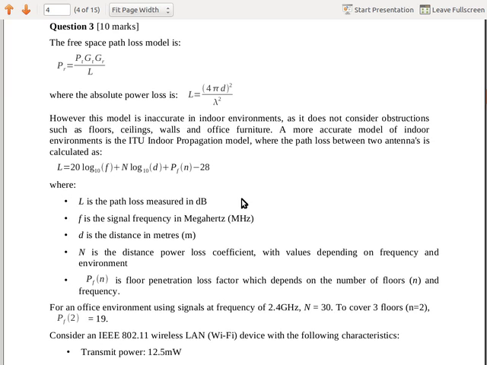Our wireless transmission model: we have a transmit antenna. We send a signal and it's received by the receive antenna. So look at our signal as it flows through the system. The signal strength is denoted by the transmit power, PT. We transmit a signal with a power PT.